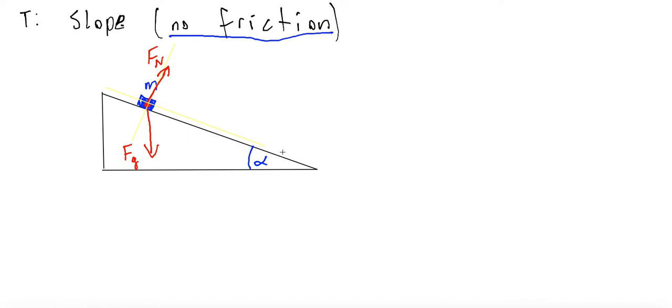Okay? So let's look. If you add these two forces, the normal reaction force, I'm drawing the same again. This is our slope, and this is our line which is perpendicular to the slope. Between these two lines we have a right angle. Okay, so when you add the normal reaction force, which acts always perpendicular to the slope, and the gravitational force, I hope you know how to add two vectors.